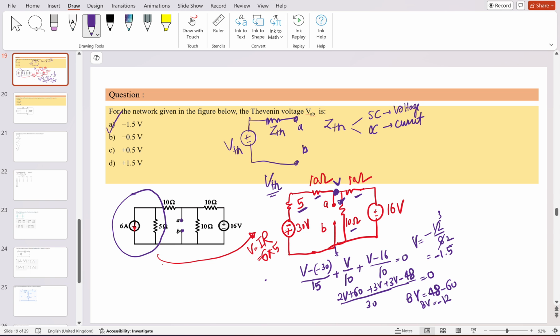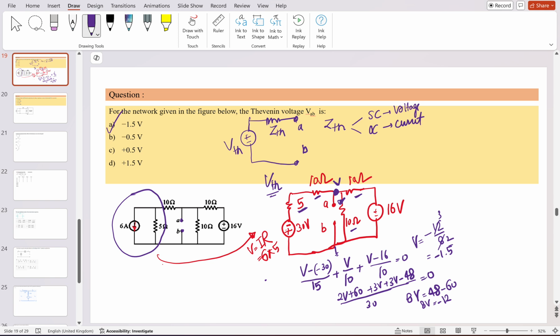Okay. Any doubt in this? So we can write as 16 minus 10 by... I'm not getting what you're saying. Can you repeat it? We can apply loop KVL in it.